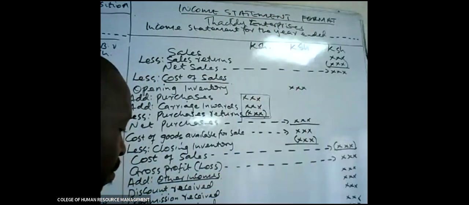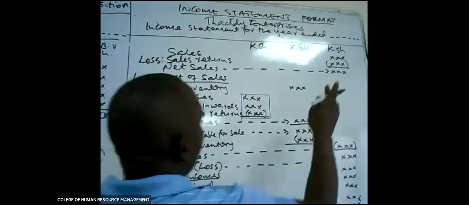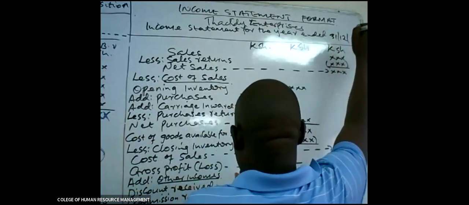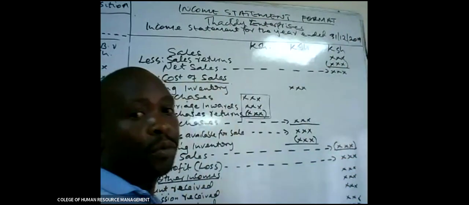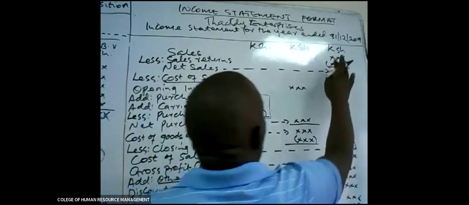It is the income statement that is prepared for the year ended, and we put the date there, 31st of December 2019. Then we go now to the figures. How much were the sales? We are told it's 1,059,000.